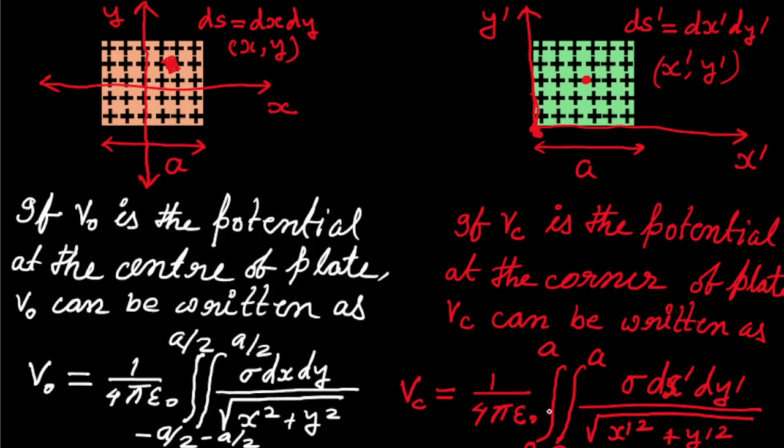And you can see that both functions are almost similar; the only difference is that the limits are different. In one case it is minus a by 2 to plus a by 2 and in the other case it is 0 to a.